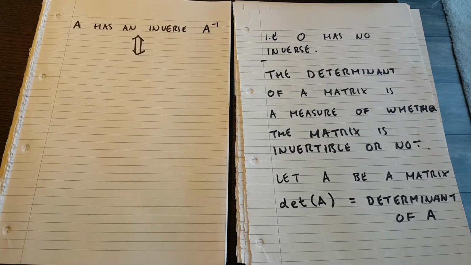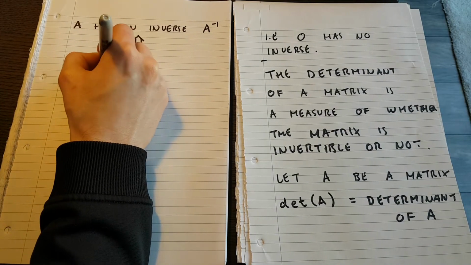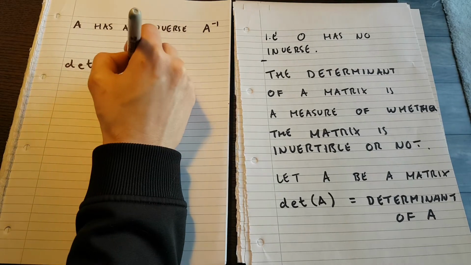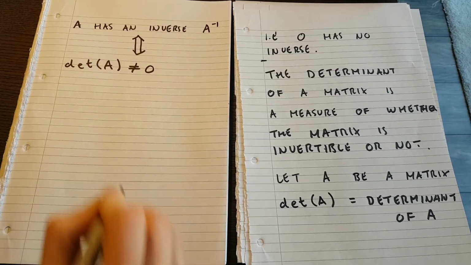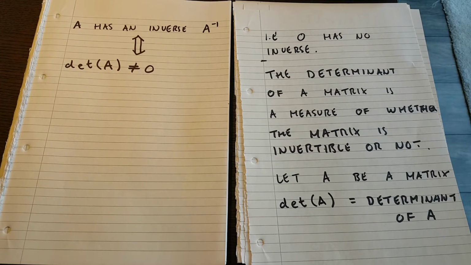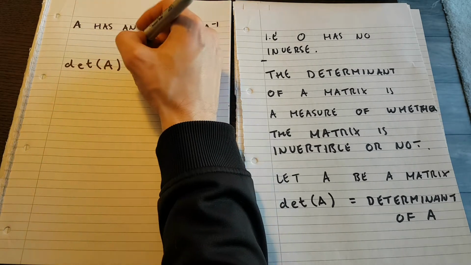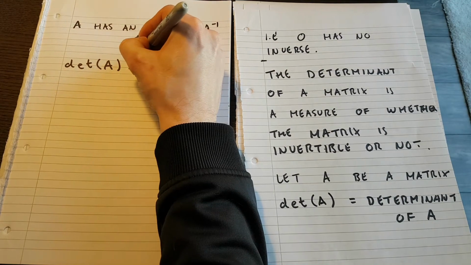If A has an inverse, it means the determinant of A is not the same thing as 0. And if the determinant of A is not the same thing as 0, then we know that A has an inverse. So this goes both ways, back and forth. Kind of a two-headed arrow is what I intended to draw there, even if it didn't come out very clearly.